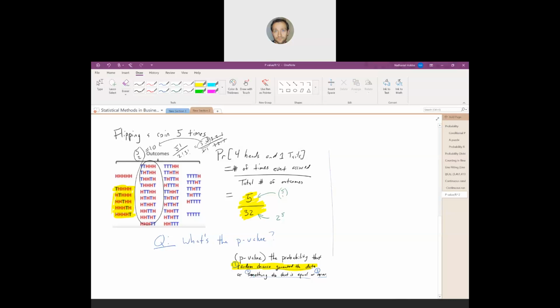Okay, how about this one? Something else that's equal. What that means is, what's the probability of anything else that has the probability of 5 over 32? In this world of events, is there anything here on the left, any other event that has the same probability?